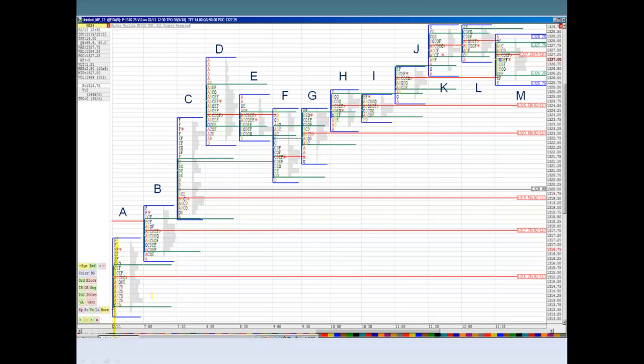So I've broken up my half-hour increment into 6 pieces, and then I want to look at how these 6 pieces developed in the half hour.